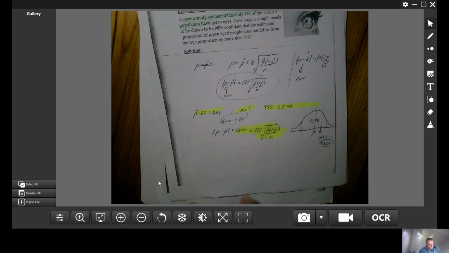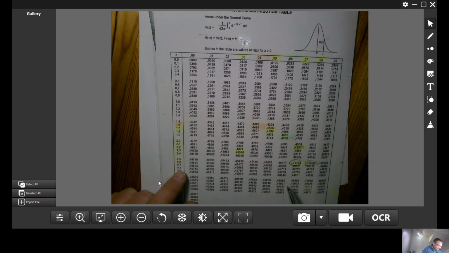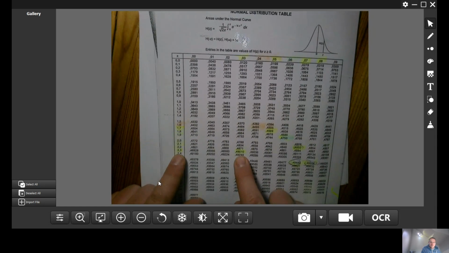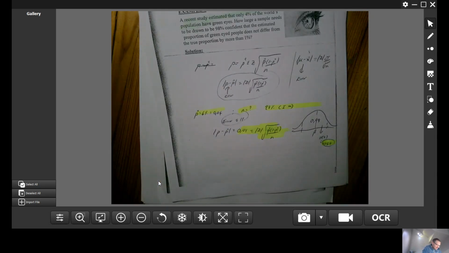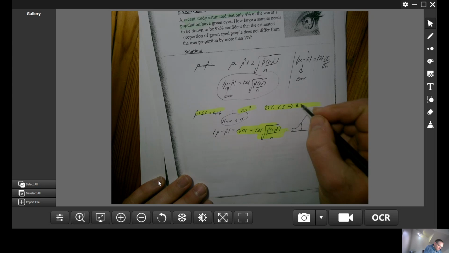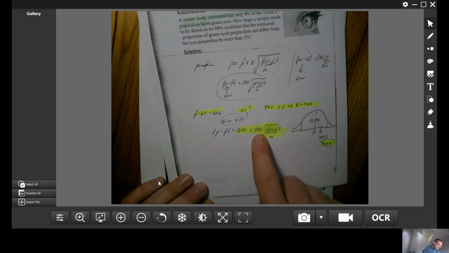So I've got to go to my formula sheet and look up 0.49 in order to get my Z score. So that's my area. So my area is 0.49, and 0.49 was over here. That's the one that's pretty close to that. So we're going to use 2.33. Okay. So we're going to use a Z score of plus minus 2.33.